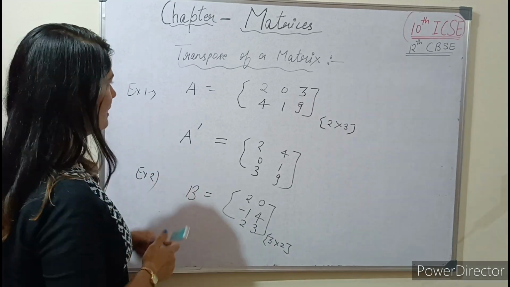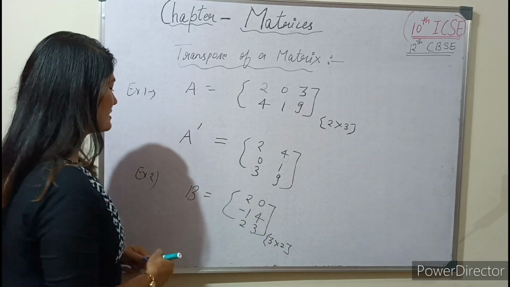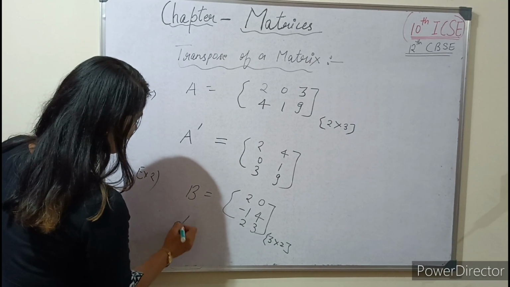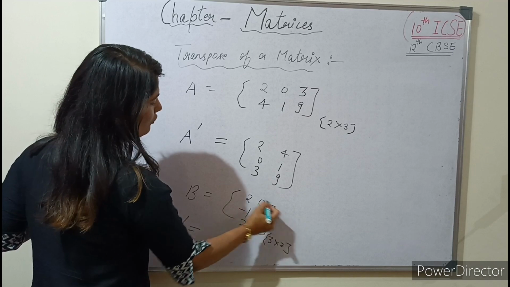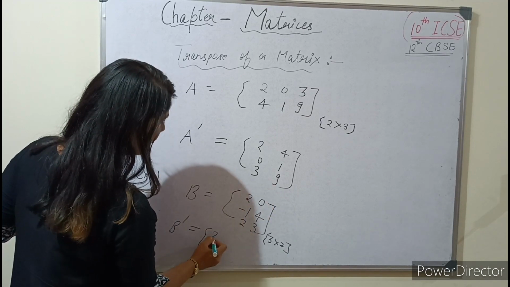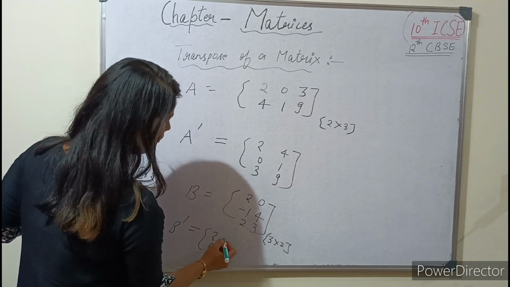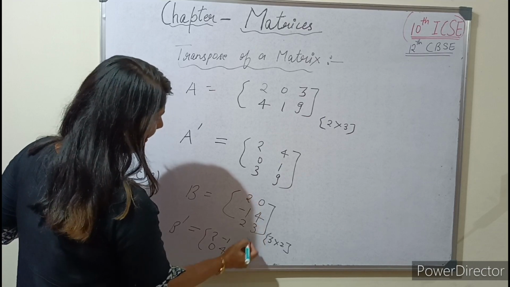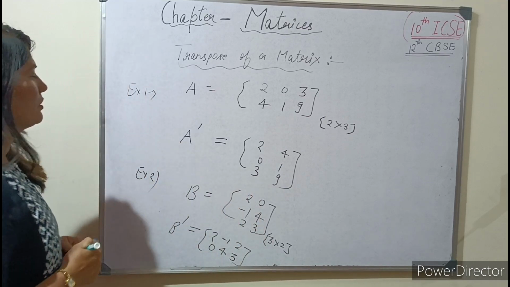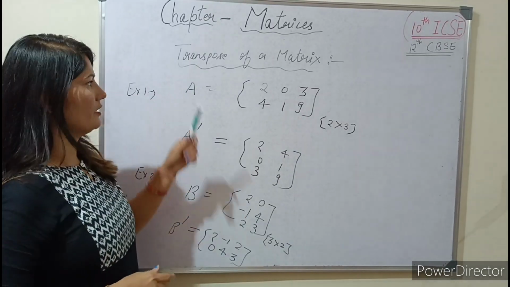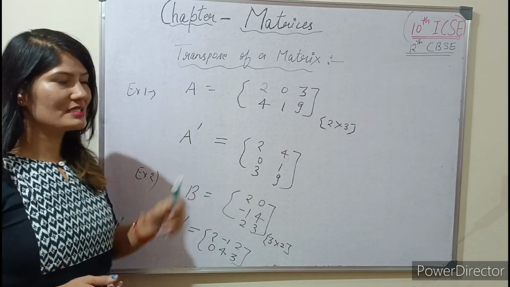Now if you have to find the transpose of this given matrix, this will be B dash, and this is equal to, in the same way, this row will now become a column, 2, 0. The second row will become the second column and the third row will become the third column. So this is all about how to find the transpose of the given matrix. Please have a look.